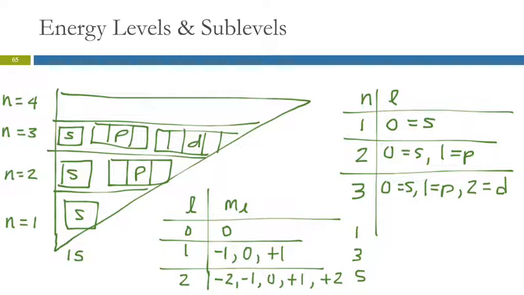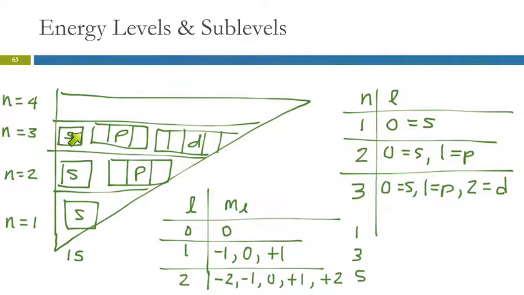Yes? So the n will be the shell. n is the shell or principal energy level. The L is the subshell. Those are the subshells or sublevels. So on this second level, there's 2 different sublevels. The level is divided into 2 slightly different parts.